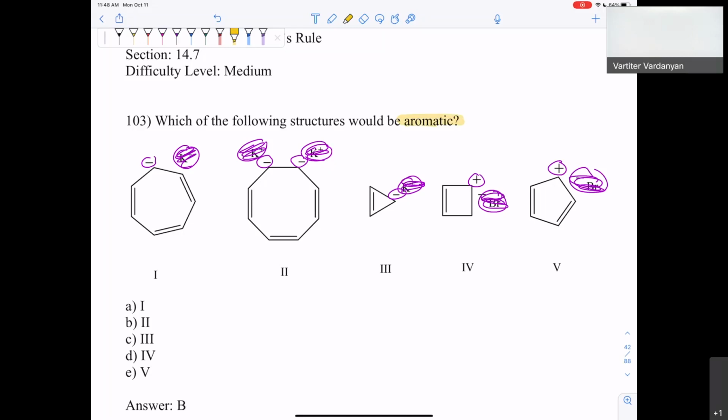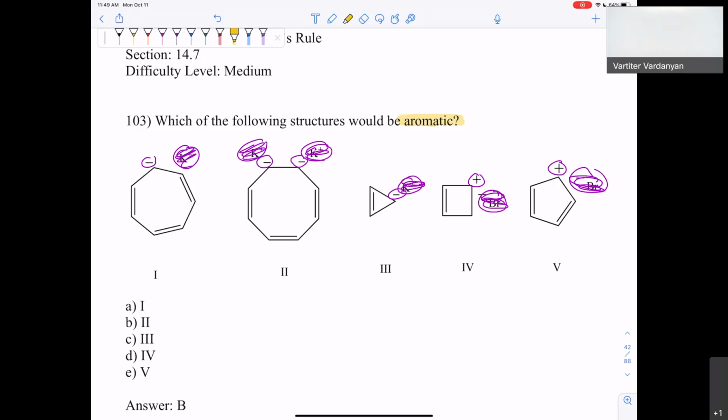So now let's really quick figure out which one of these is aromatic. What is the first thing you should see when you look at this? What's the first thing that sticks out to you? Conjugation. Why do you say conjugation? Okay, that's fine.